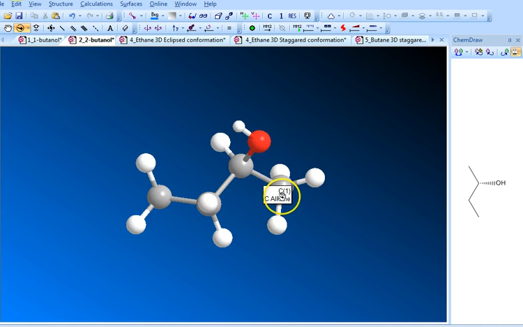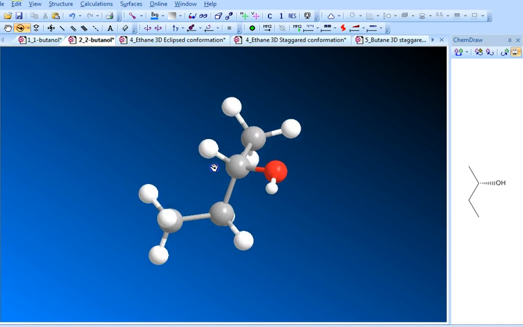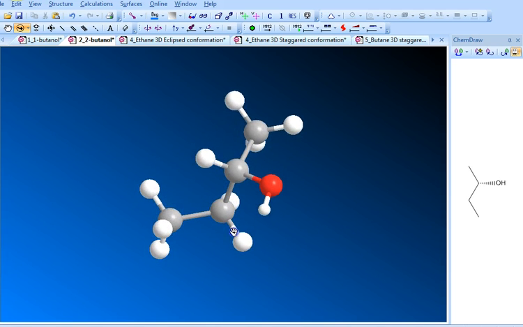These lone pairs are pointing downwards kind of, and because of that they are going to push this carbon from these two carbons, and as a result this goes a little back.